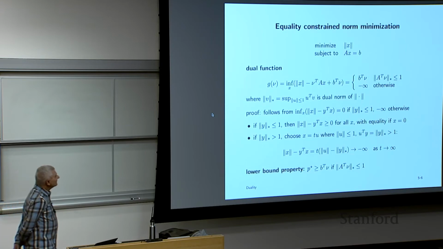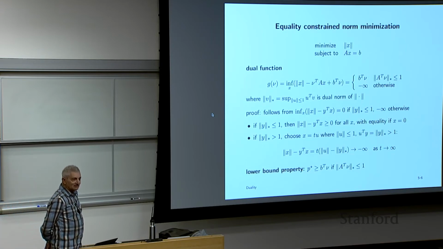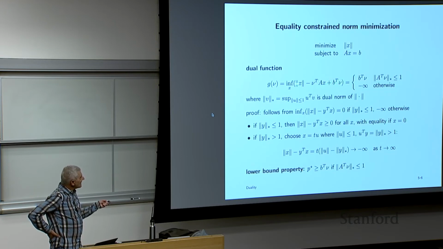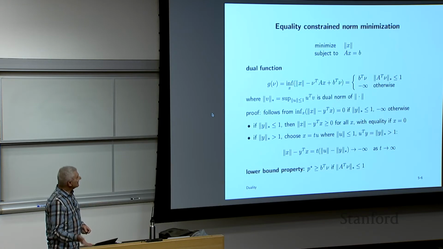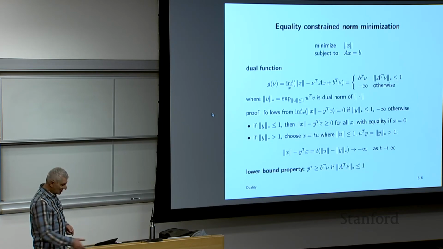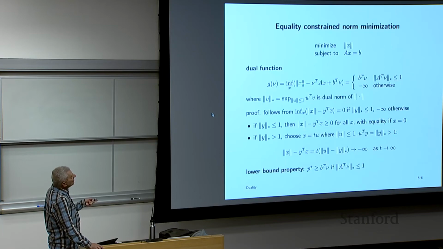Now, by the way, if you look at this, you'll already see something clear. B transpose nu has nothing to do with X, so that comes out of the infimum here. But this is a norm minus a linear function. That's the conjugate function. And you can also work out what that is, right?